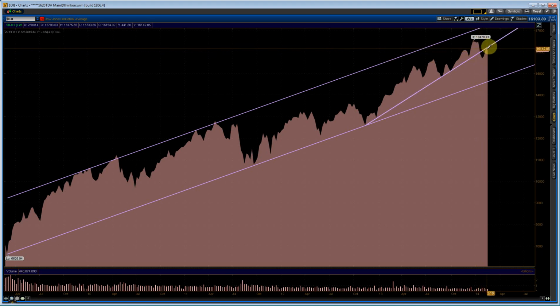It's not on the pullback from what could become the right shoulder. It is on the failure of what is known as the neckline. It would be, should a lower low than the low made here be seen, that would indicate a confirmation of a head and shoulders pattern.